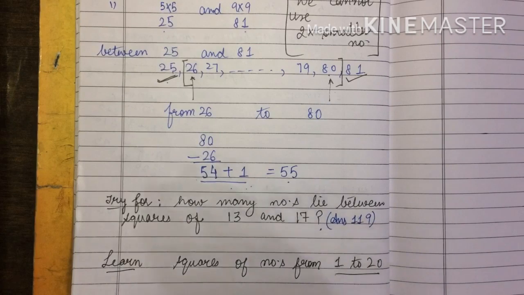This is important because this will be used in further exercises. You should know what are the squares of all these numbers. You can learn up to 30 maybe if you want, but till 20 you should learn the squares. The answers should be by heart for you. We will do exercise 6.2 the next time.